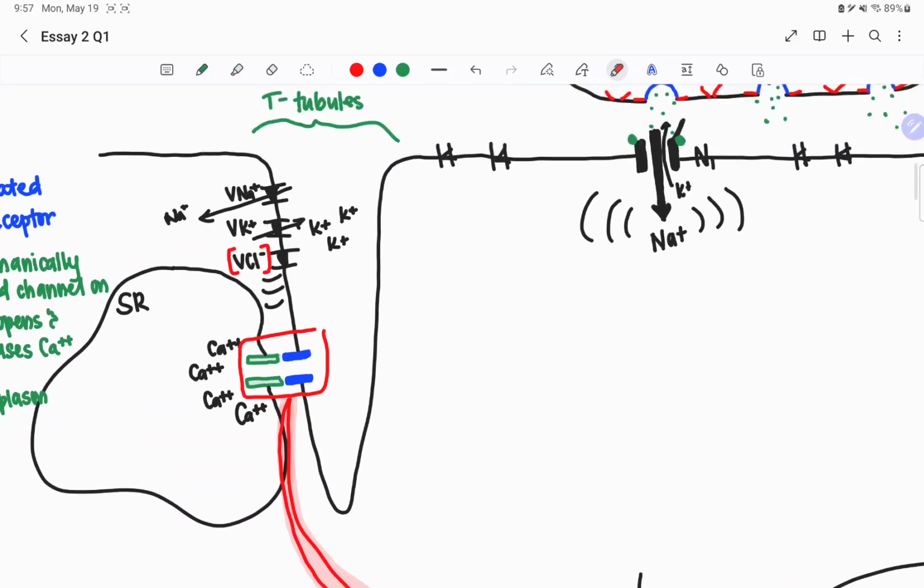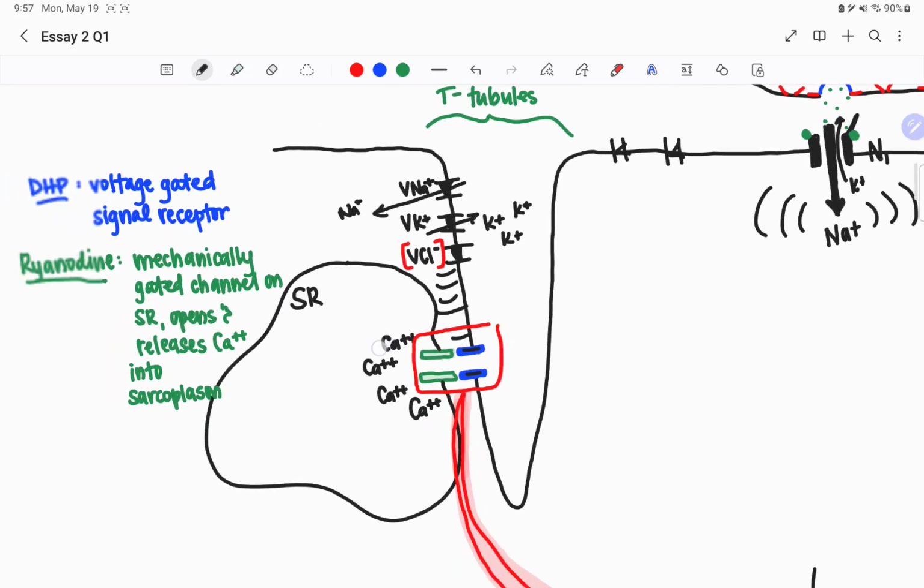So what happens is, as the action potential propagates along the membrane, it's going to come here and reach this voltage gated channel right here. And this is called DHP. I can't remember the huge long name for it, so we're just going to call it DHP in this video. Okay, but it's a voltage gated signal receptor.